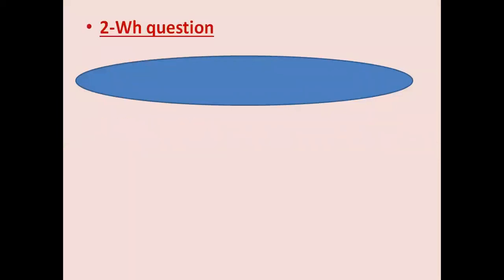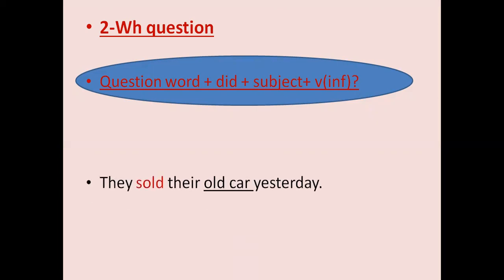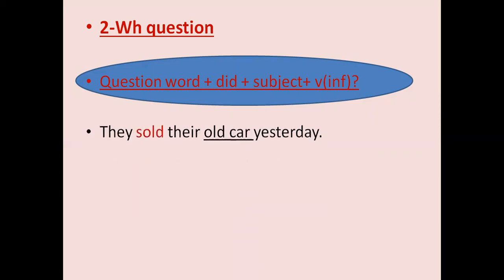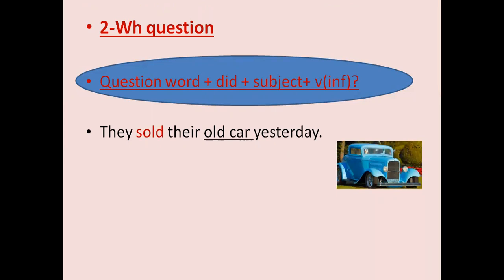Look at the second kind of questions, by using WH questions. How do we form WH questions? We start with question word plus did plus subject plus the verb in infinitive. Look at this example. They sold their old car yesterday. How do we form a question to ask about the old car in this sentence?